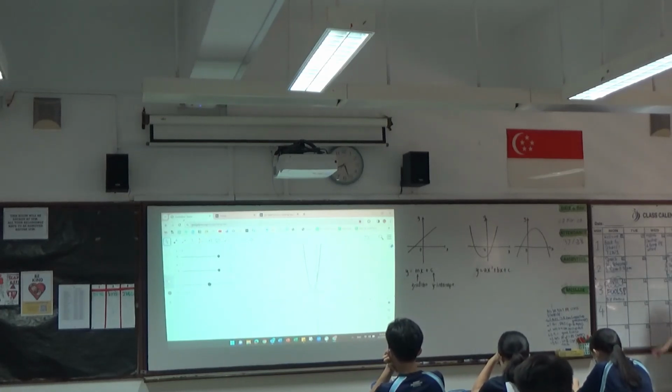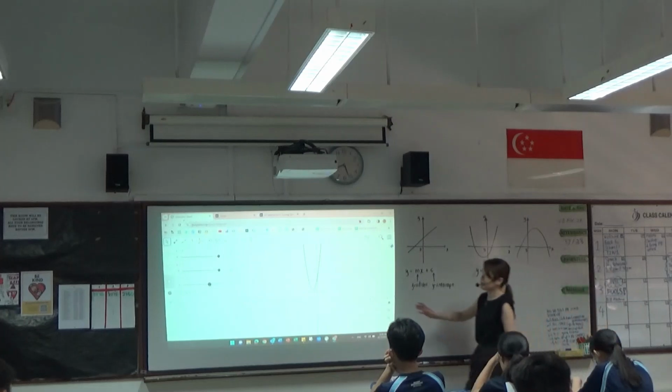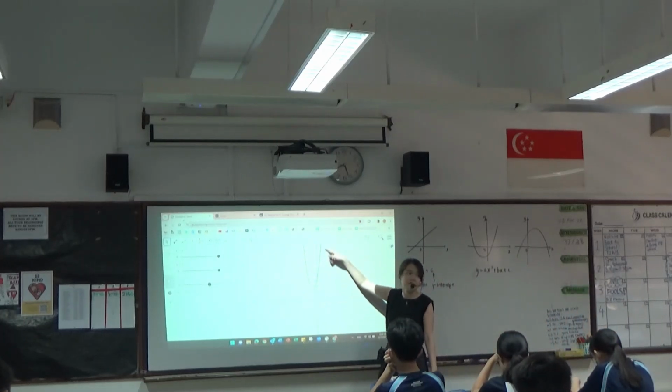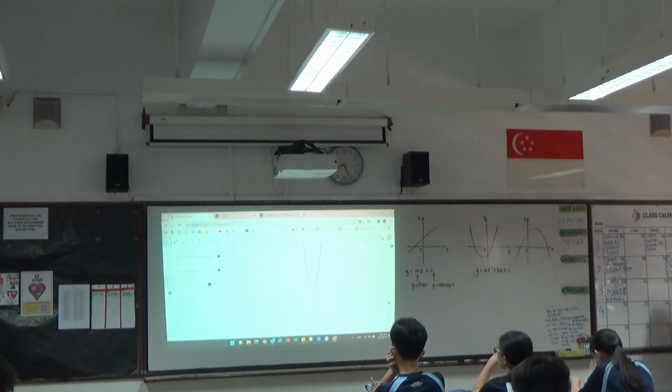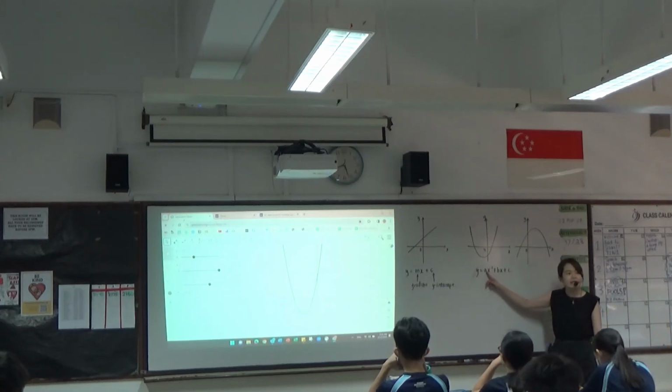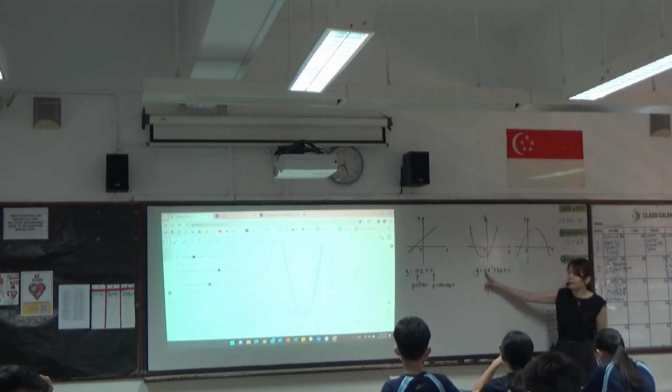But in all the changes that I have made, notice that the shape itself remains this U shape. That is because my a value, the first one over here, is a positive number between 0 to 5, not including 0. My value of a cannot be 0. Why? Because once this is 0, that means it is 0 times x squared.